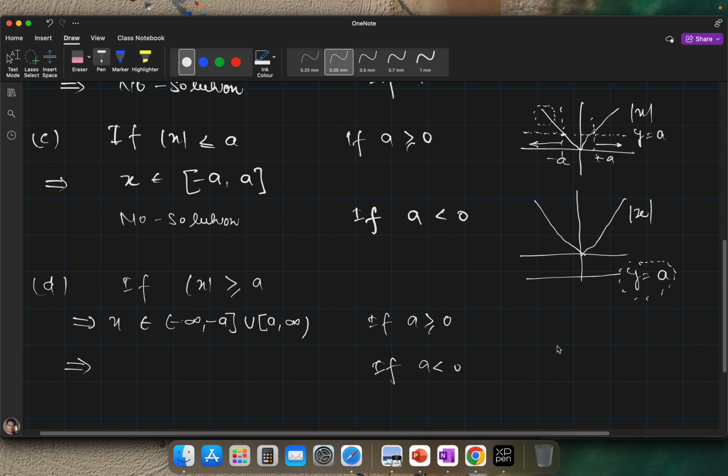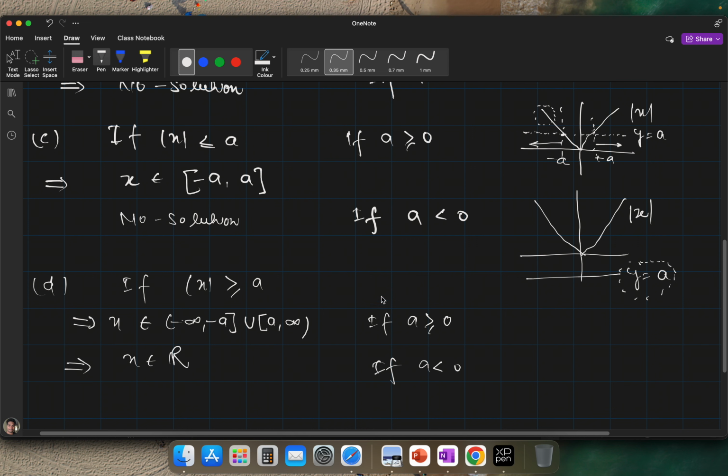But if a is less than 0, I will consider this case. You can see that if a is less than 0, the line y equal to a will always be below the x-axis. Now the inequality is asking at what x mod of x is greater than a. So you can see that mod of x is always greater than y equal to a, whatever value of x you put, which means that x belongs to all real numbers.